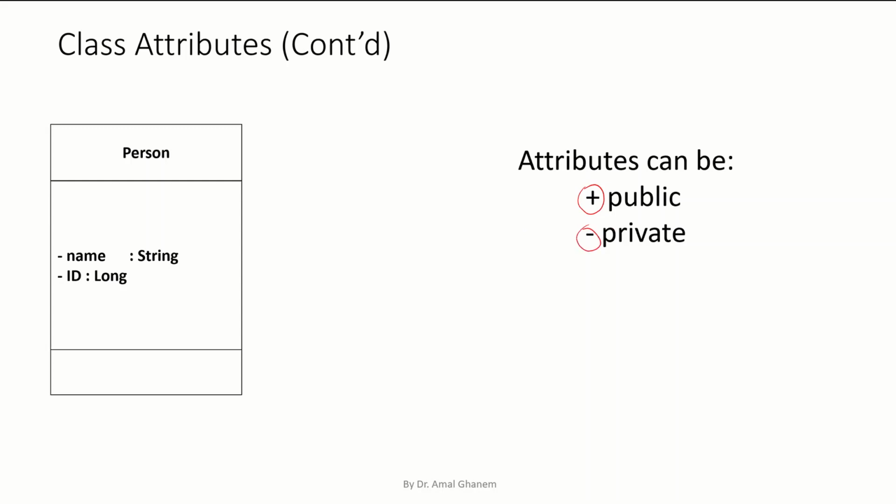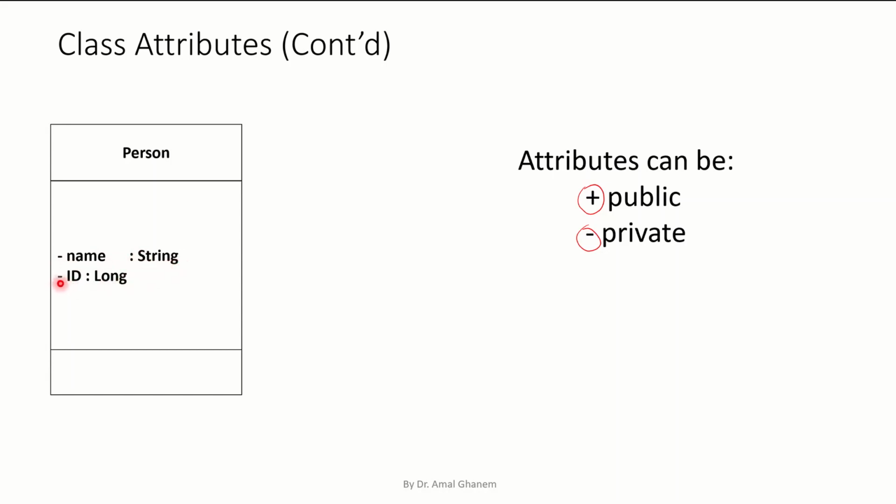So when you create your class and you mention that you will have Person as the class name, and then you say minus name, it means name is an attribute and this is minus, indicating that it's private. Colon String means the data type is a string.